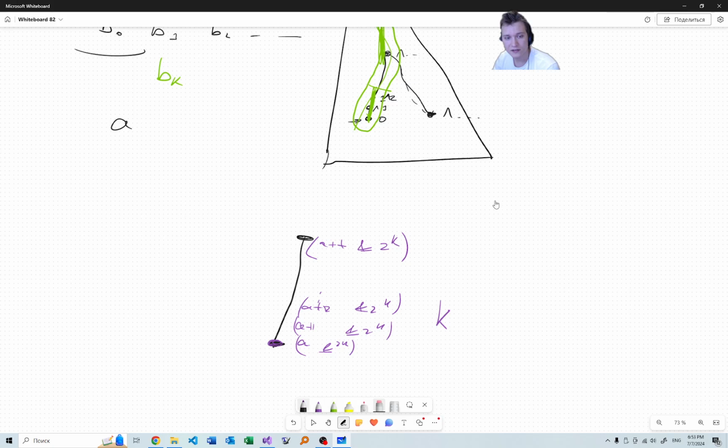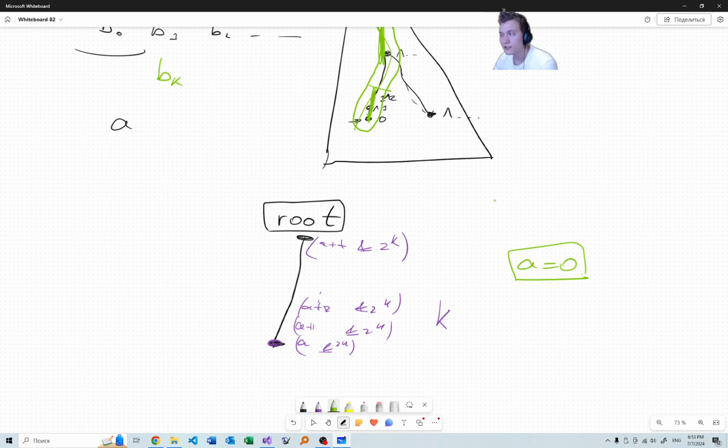Okay, this is the root. What next? Let's assume that a equals 0.